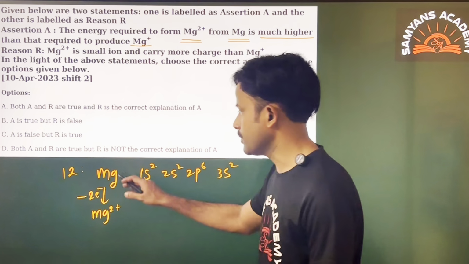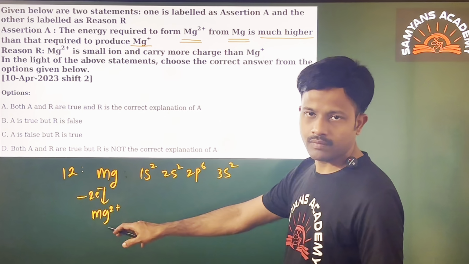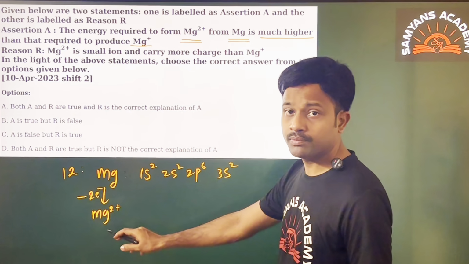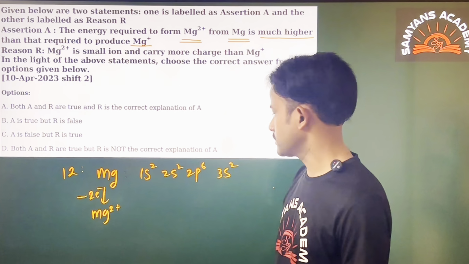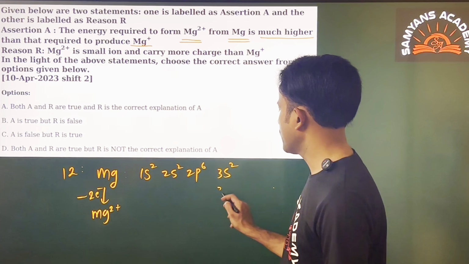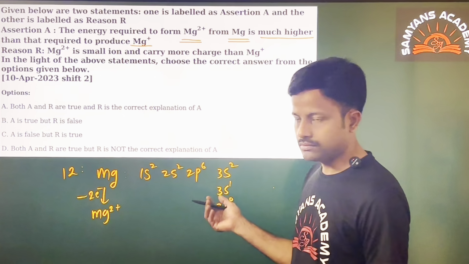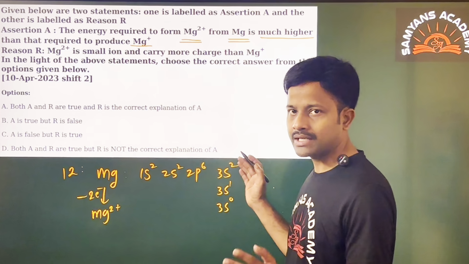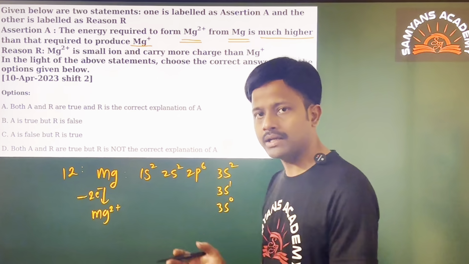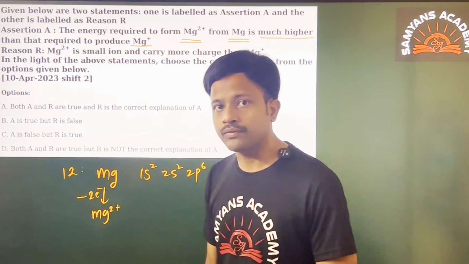For example, now you see this is magnesium. How will it become magnesium 2+? After removal of 2 electrons. After removal of 1 electron, it will become 3s1. After removal of 2 electrons, it will become 3s0. As you remove the electron, the size of the ion decreases. As the size of the ion decreases, the attraction force increases.